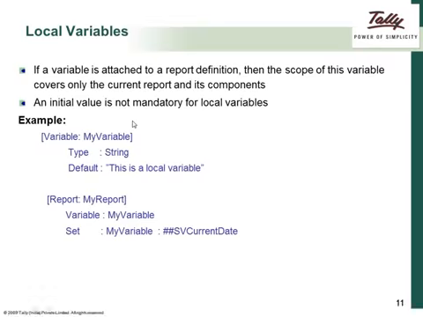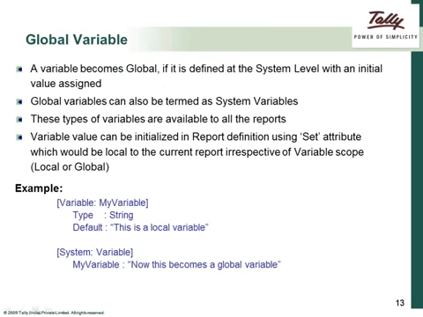Then we have global variable. As I said, variable also is required to help us to interact between the various interfaces or various objects of TDL. This could be data interface, this could be data objects or interface objects, report to report or report to button or button to report or collection to report or report to button or line, anything.